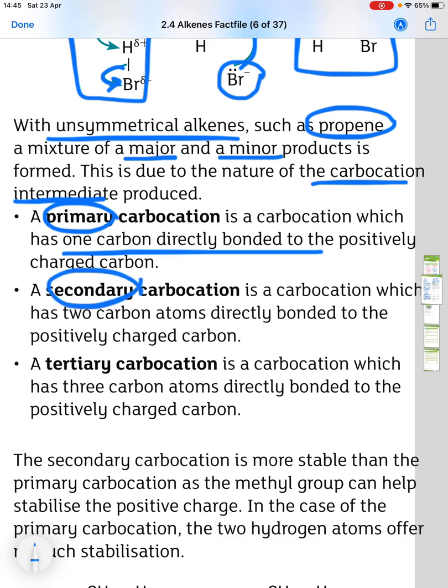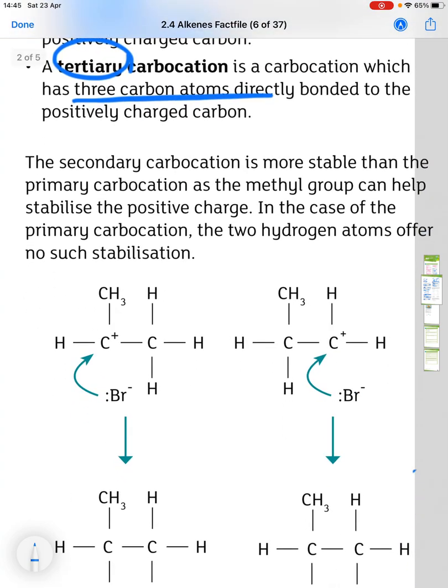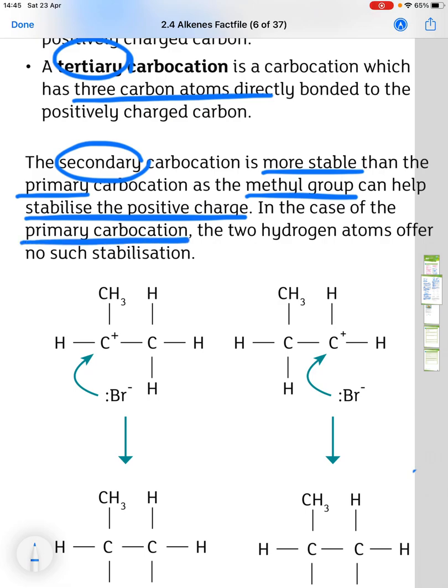We have secondary, which has two carbon atoms directly bonded to it, and tertiary, which has three carbon atoms directly bonded to that positively charged carbon. So the secondary carbocation is more stable than the primary, as the methyl group can help to stabilise the positive charge. So in the case of a primary carbocation, the two hydrogen atoms offer no such stabilisation.